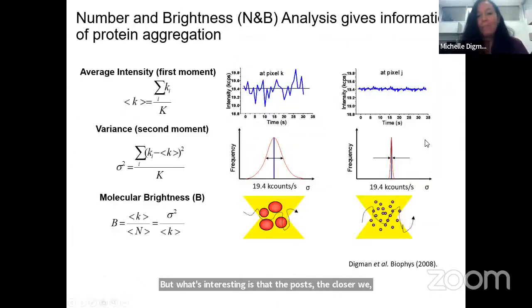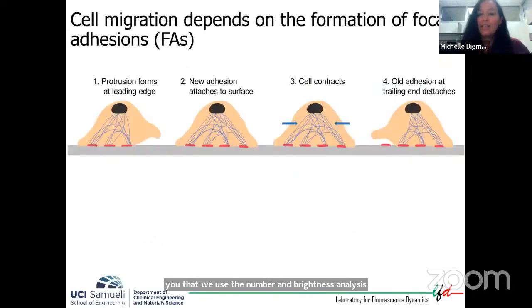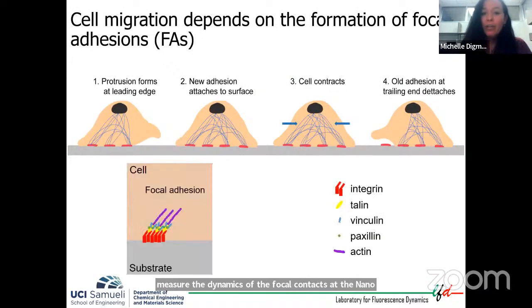in the P200. So as you already heard the lectures by others on number and brightness, I'm not going to talk about this. I'm just going to show you that we use the number and brightness analysis to measure the dynamics of the focal contacts at the nano surface material. So we know that there are proteins that are accumulating at the focal adhesions.